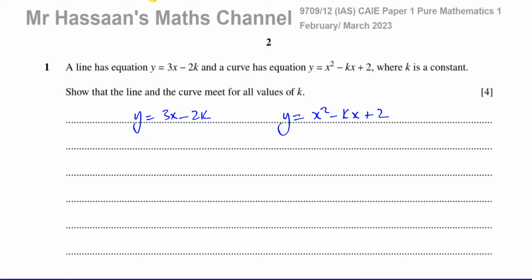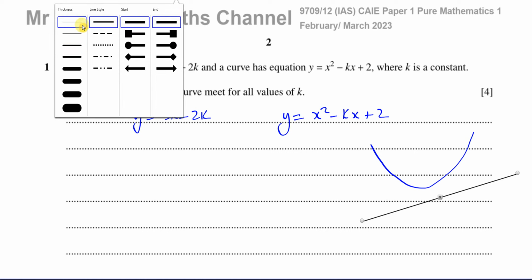If you have a curve and a straight line, there are 3 possible scenarios as to their intersection.